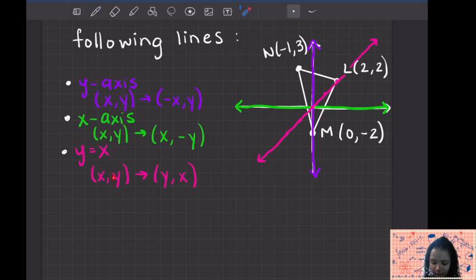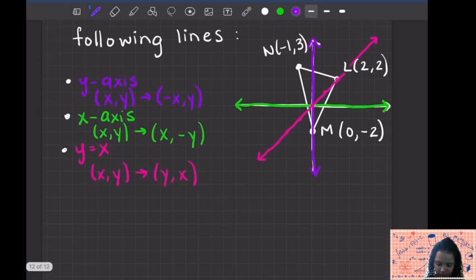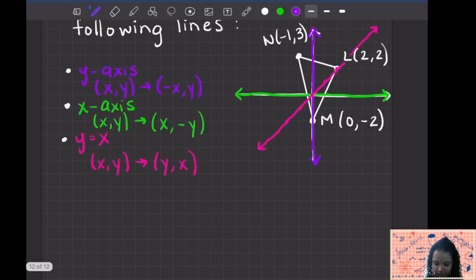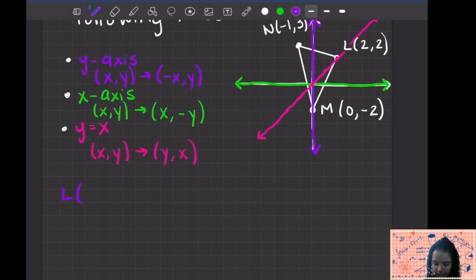So when we reflect about the y-axis, let's say I have point L, which is at (2, 2). So I'm going to do my reflect about the y-axis first, okay? If I follow that function rule, which says that (x, y) becomes (-x, y), all I'm doing is changing the sign of x.